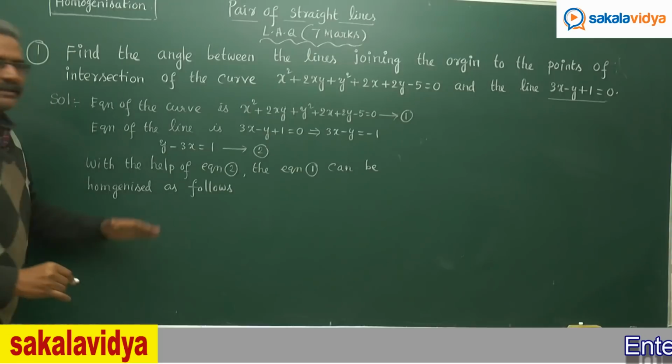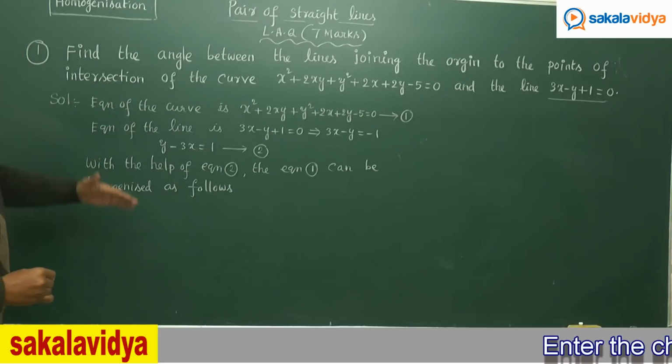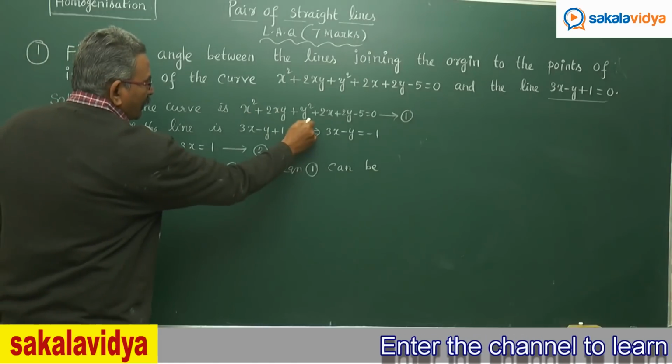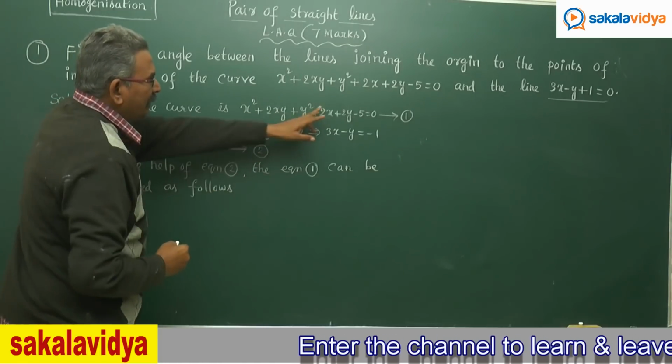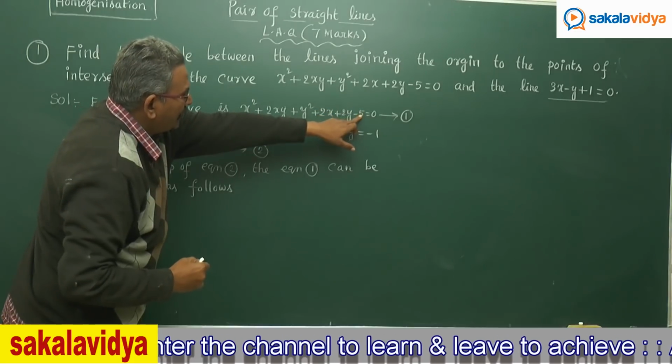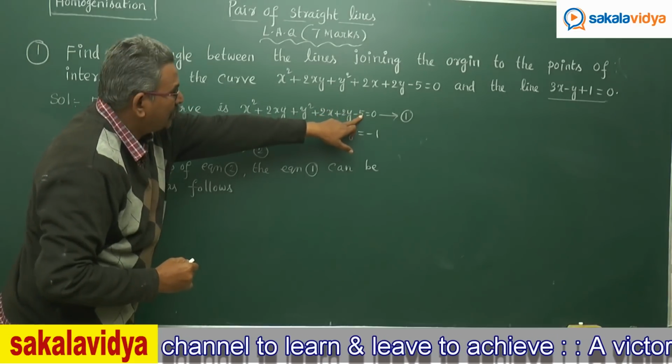So, that means we need to write equation 1 in the following way. Already the first 3 terms are homogenized. Next, the second term, that means 2x plus 2y, and the constant term have to be homogenized.